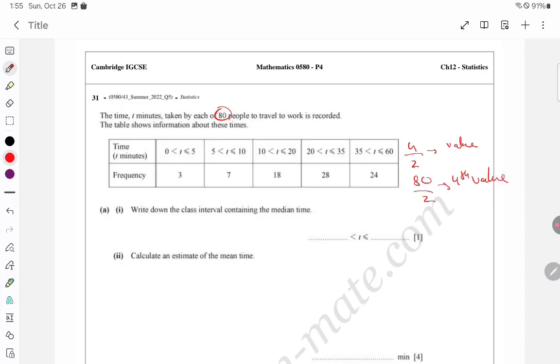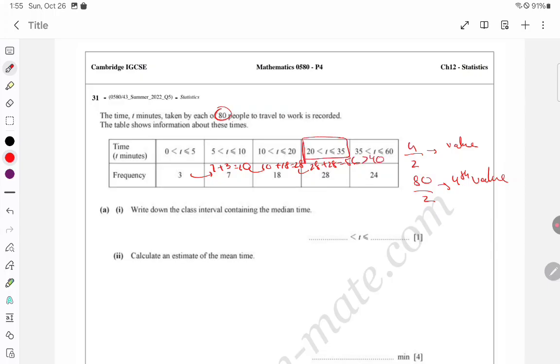For the 40th value, add the frequencies: 7 plus the previous one, 3, is 10. Now 10 plus 18, 28. Now 28 is also lesser than 40. We are finding a value which is greater than or equal to 40. 28 plus 28, 56, greater than 40.